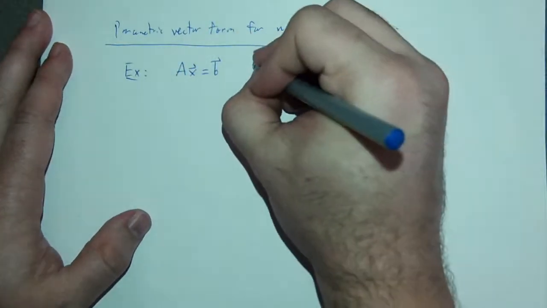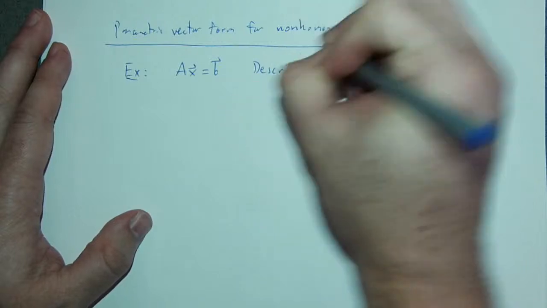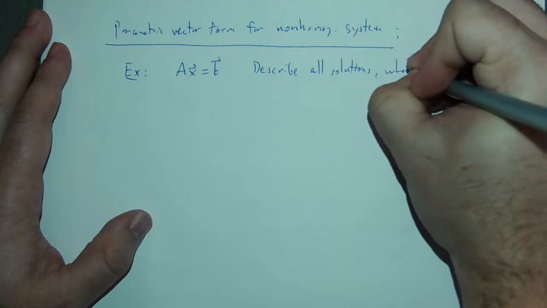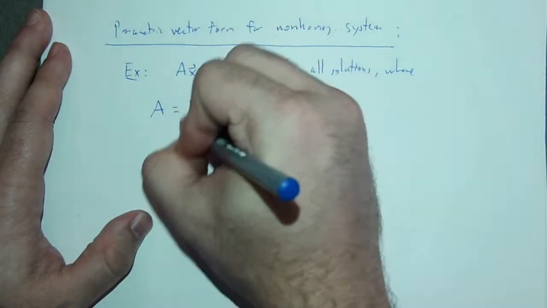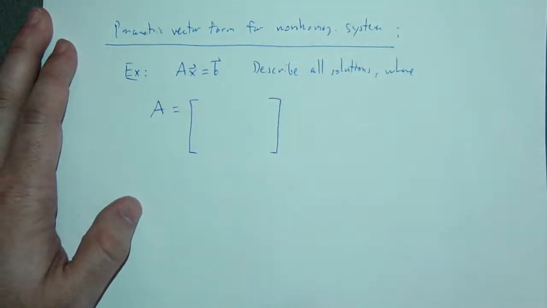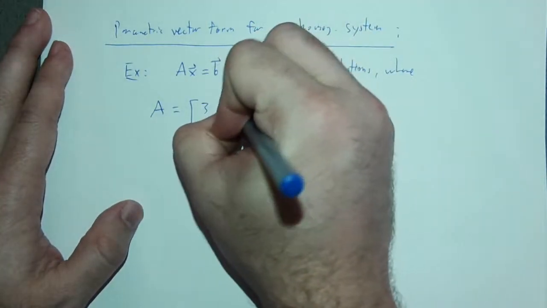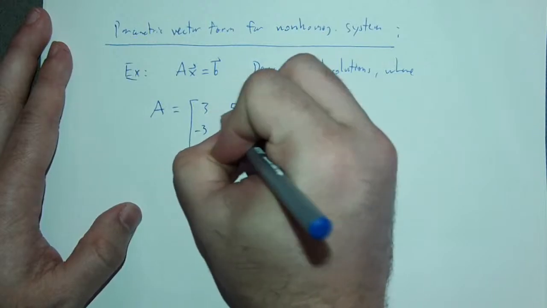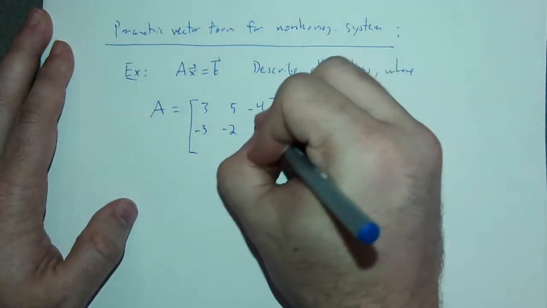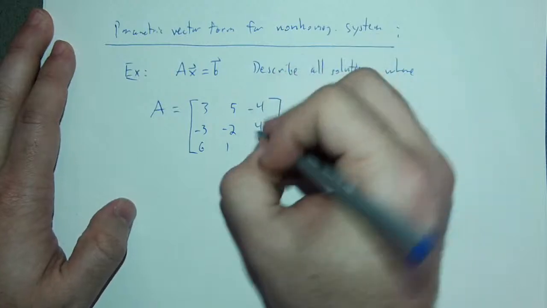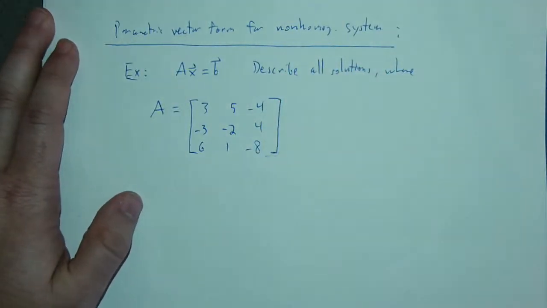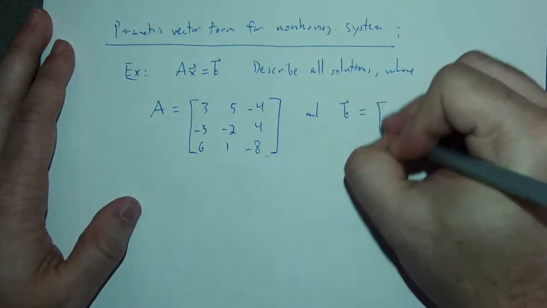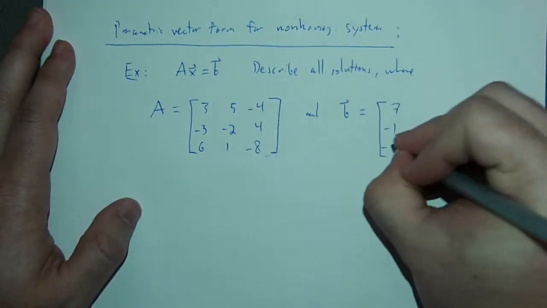So describe all solutions where A is 3, 5, minus 4, minus 3, minus 2, 4, and 6, 1, minus 8. And b is 7, minus 1, minus 4.